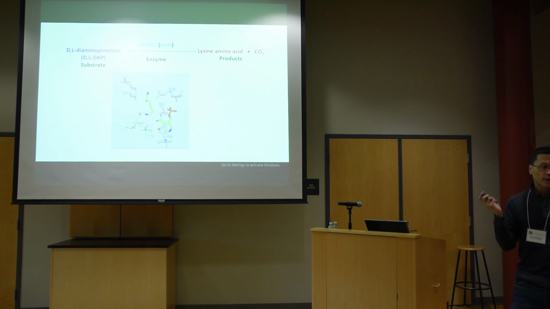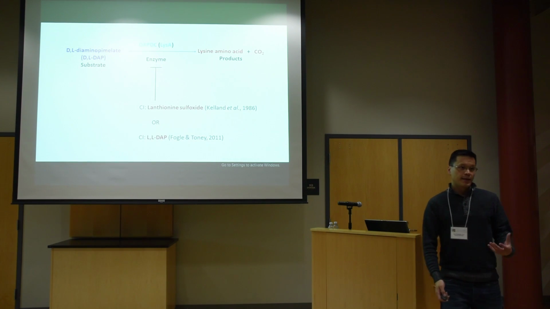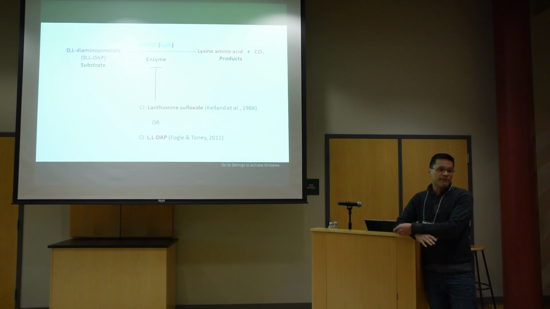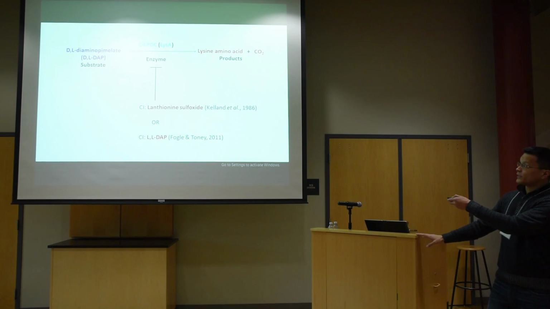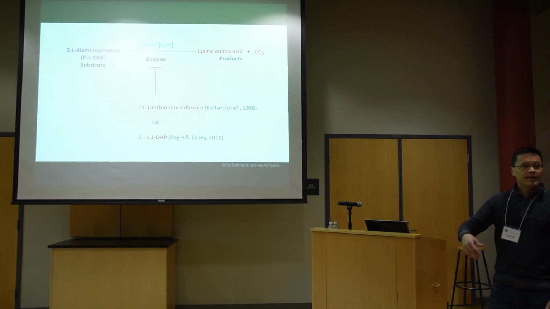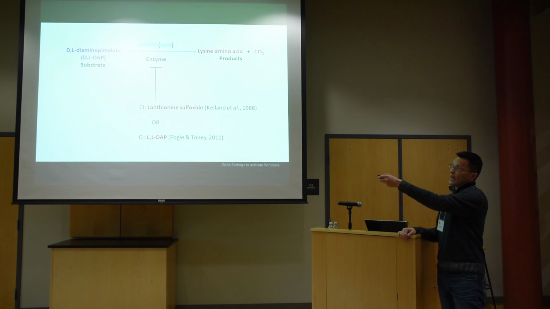There are two known blockers against DAPDC, tested in vitro, and both work by competitive inhibition. You have lanthionine sulfoxides, which is probably the earliest one. They both compete for active site access on the enzyme with the dextro levo form, the natural substrate.